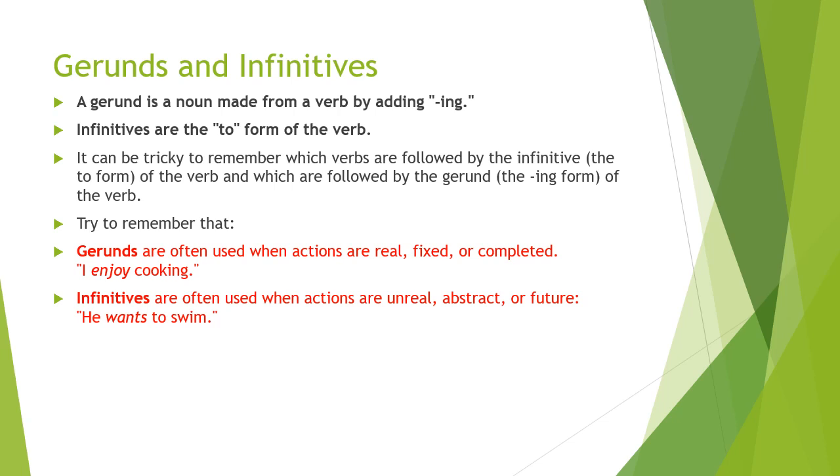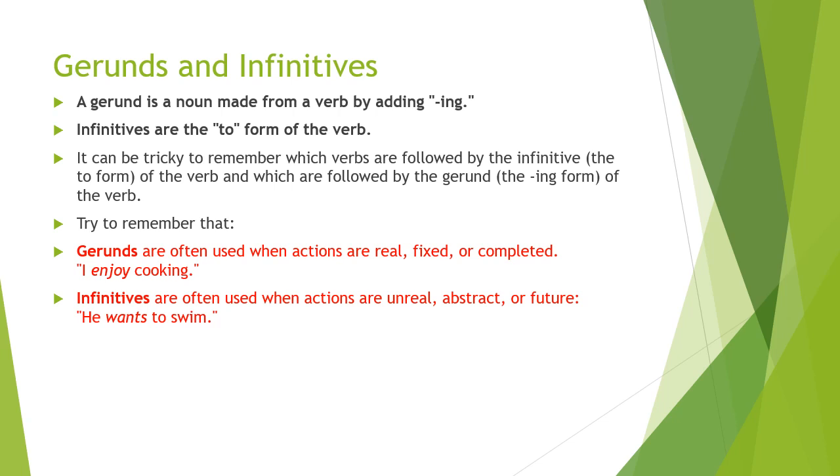So for example, you have the word cook. This is the base form. You add ing, it becomes cooking. You add ed, it becomes cooked. If you take the ed away, if you take the ing away, you're left with the word cook. And this is what we mean by the base form.